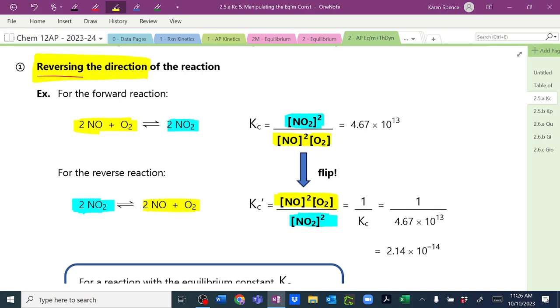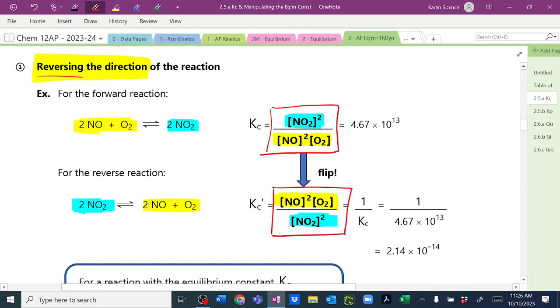So what is the relationship between this thing here and this thing here? How do those two relate to one another? The two red boxes? They're just the inverse, the reciprocal, yes? So you just flip it. So if you reverse a reaction, you just flip your Kc.